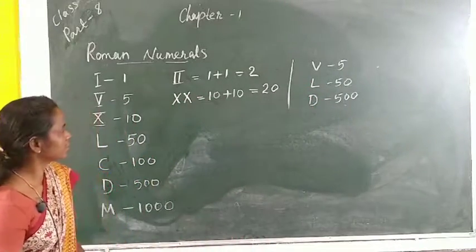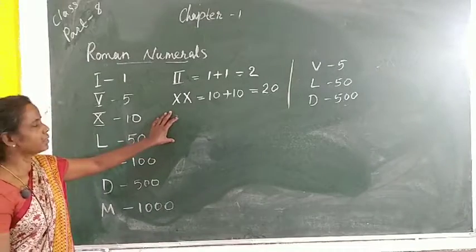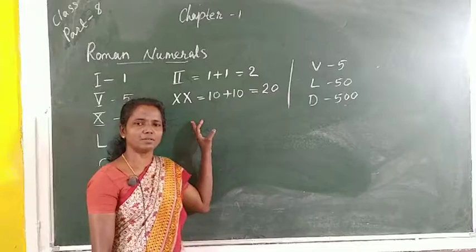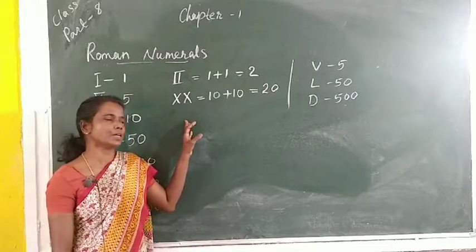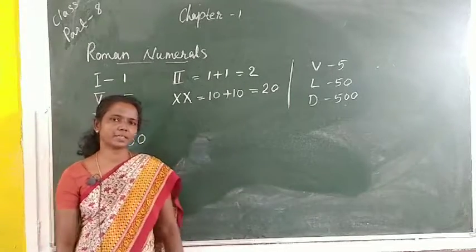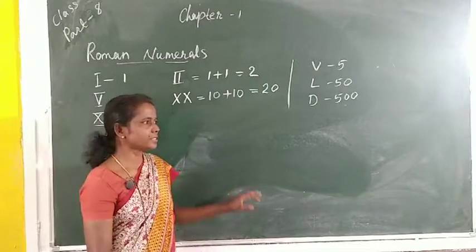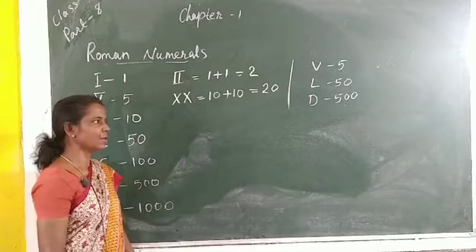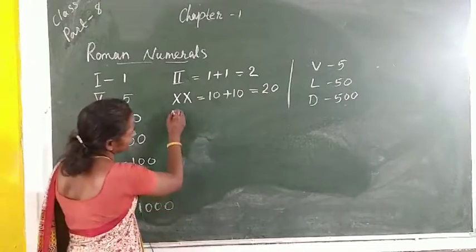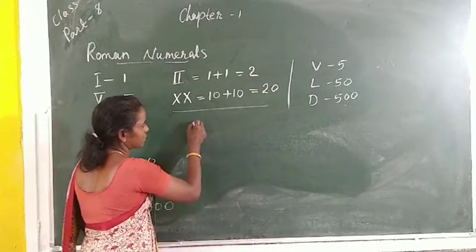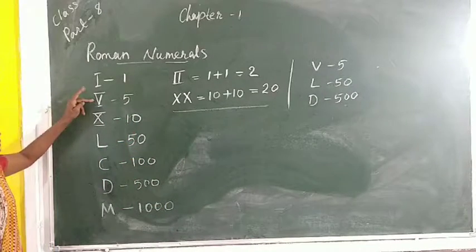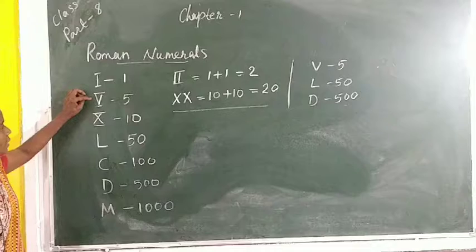Next, when we write a symbol of smaller value to the right side of the symbol of greater value, it means the smaller value is added to the greater value. For example, look at 1 and 5.